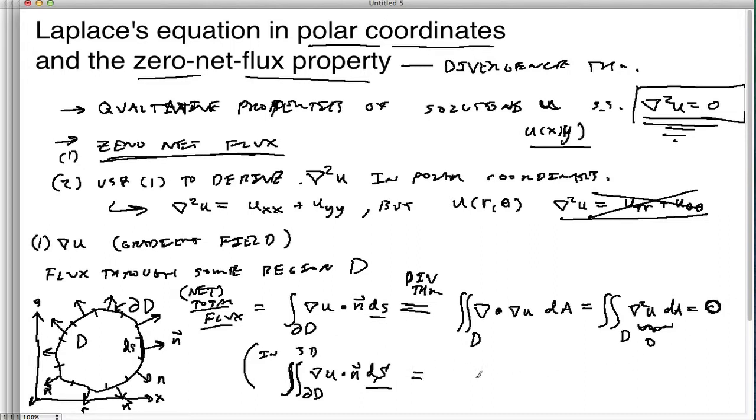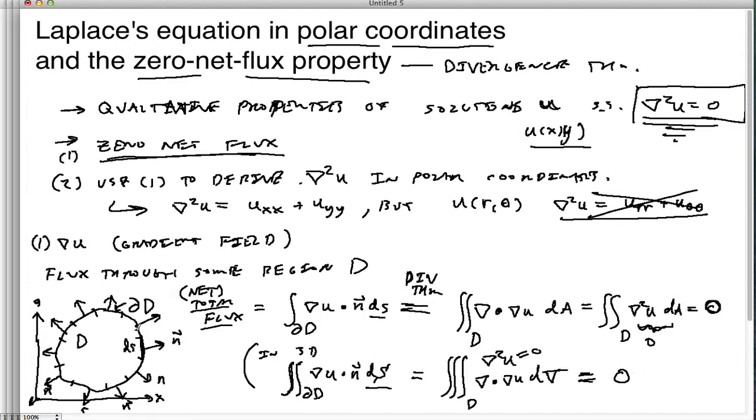All right, and we can do the same thing in 3 dimensions, and you're probably more familiar with that. Then it's an integral over a volume rather than an area. And this is just the Laplacian in 3D, which we know is equal to 0. And the integral of a function that's 0 over whatever volume is always just going to be 0.